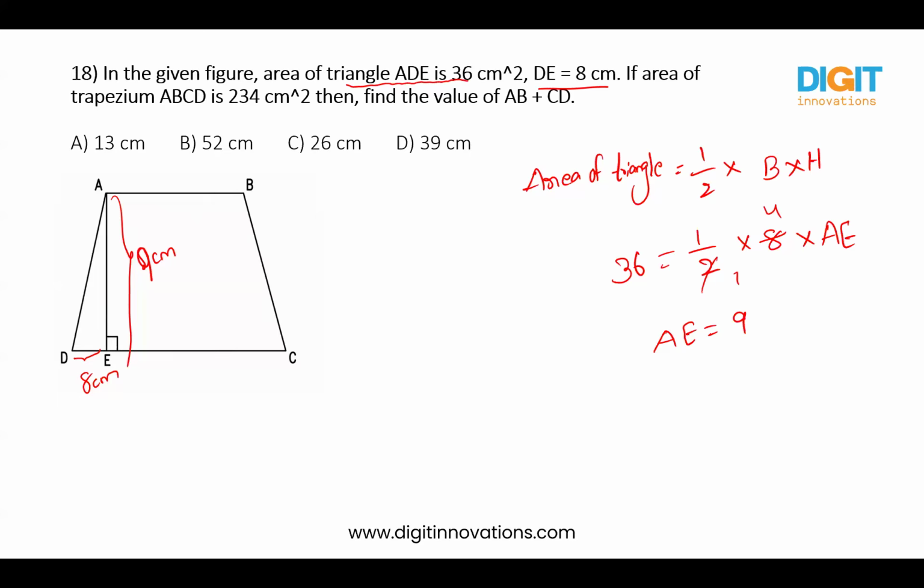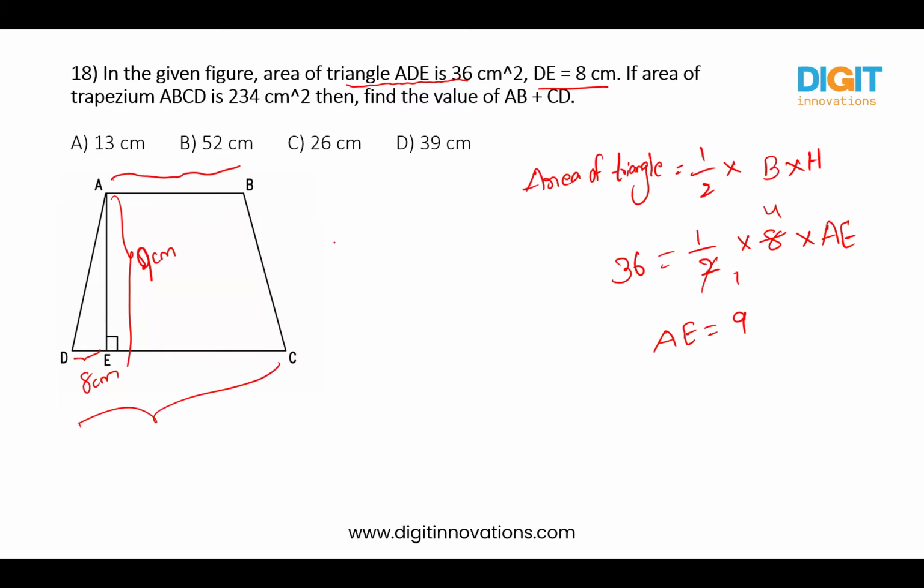So this is the information I got. They are asking what is the area of trapezium ABCD. They have given the total area of trapezium ABCD is 234 centimeters square. So they are asking for the particular values of AB and CD. So that means they are asking the sum of the parallel sides. Okay, so parallel sides.